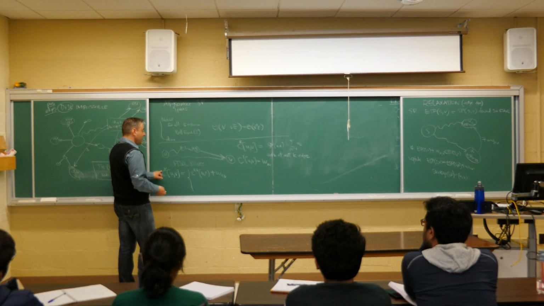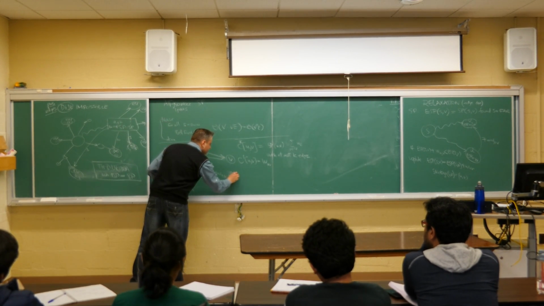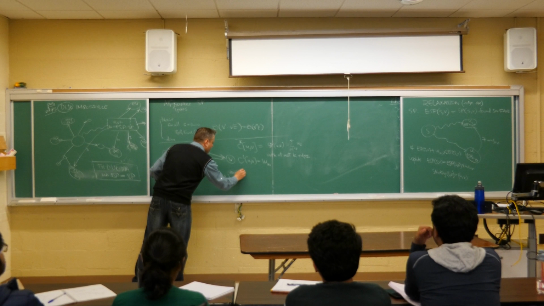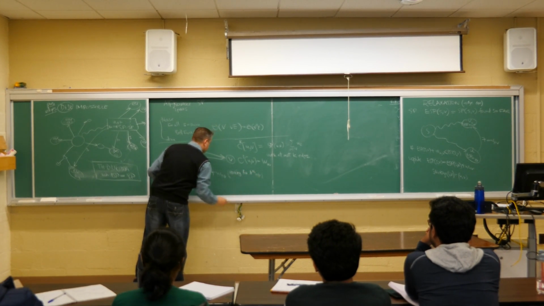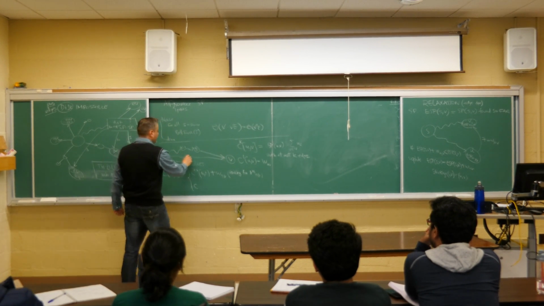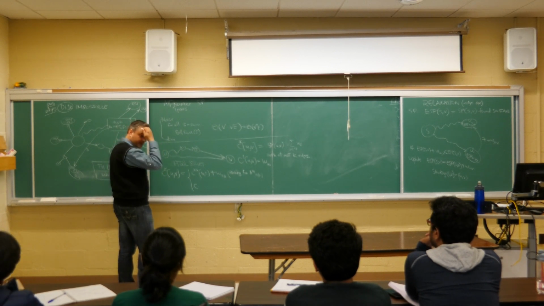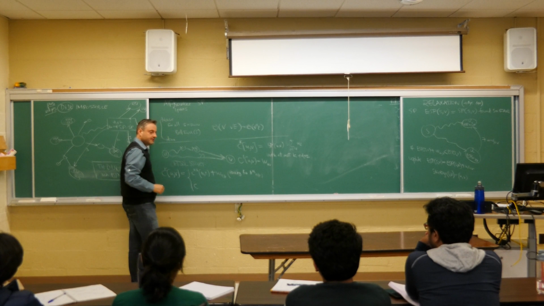Or maybe this is exactly K edges, looking for the Kth edge. Or I can go maybe with a path without T. I'm not sure how to write that down.